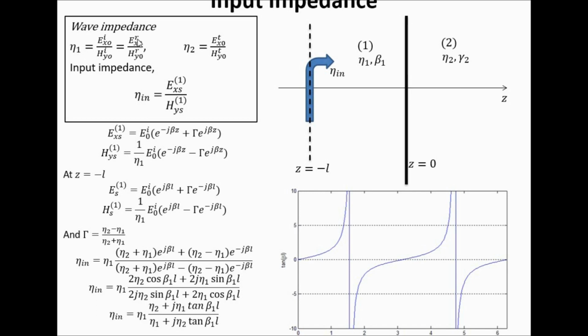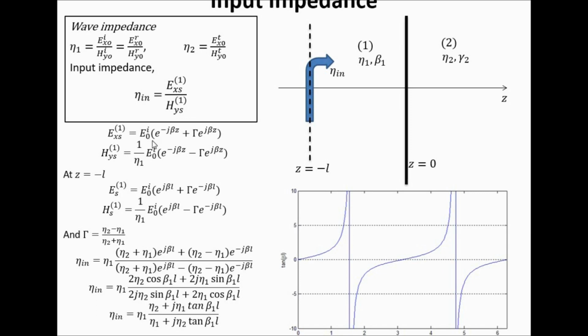You can use the reflected electric field or reflected magnetic field also for eta 1, because incident and reflected are both in medium 1, but eta 2 for transmitted electric field and magnetic field. But for the input impedance, if you take the total electric field over total magnetic field, the ratio is called input impedance.